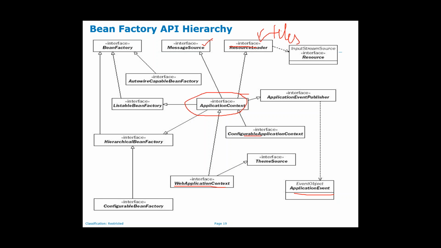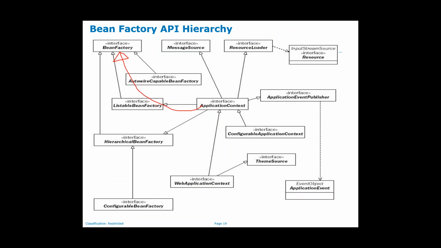And you've got this bean factory. If you observe over here, this is your bean factory, and then listable bean factory is another one, and your application context is extending the bean factory.